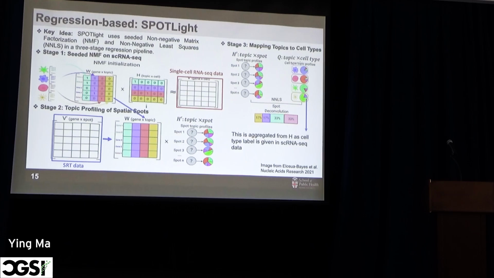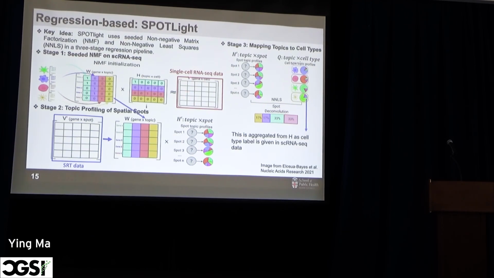The key idea is to use seeded non-negative matrix factorization and non-negative least squares in a three-stage regression pipeline. The first stage is to perform a seeded NMF on the single-cell RNA sequencing reference. The goal is to extract gene by topic profiles, and you can connect a topic to a cell type specific concept.